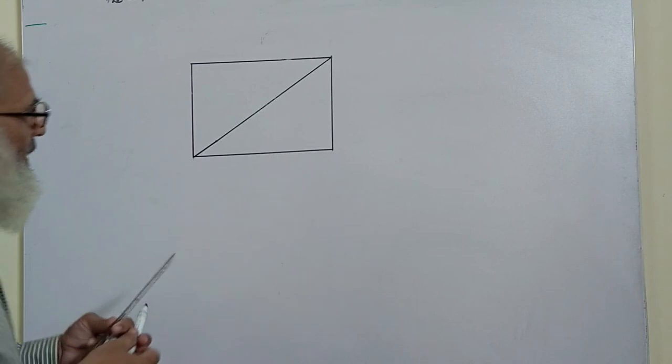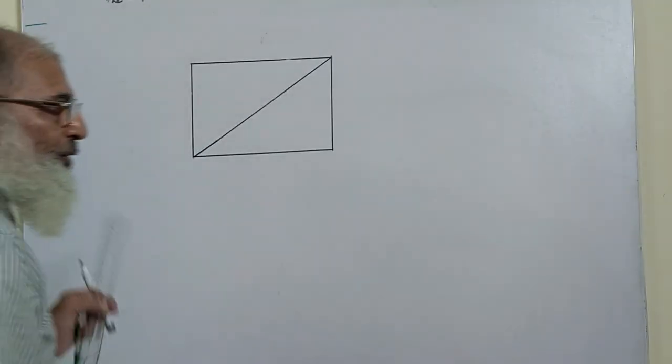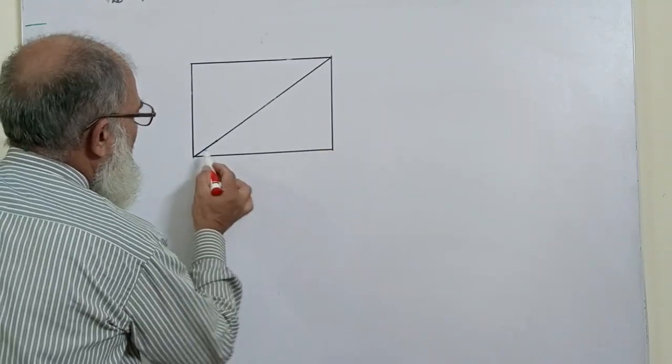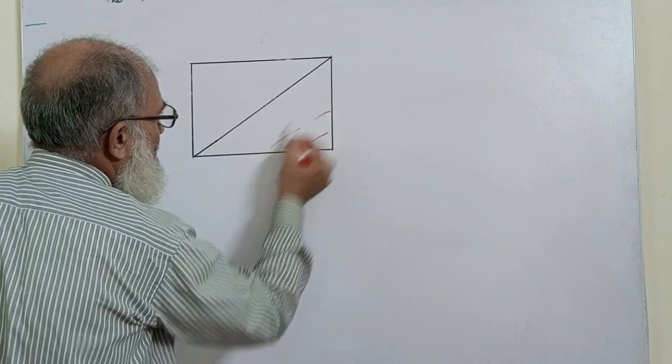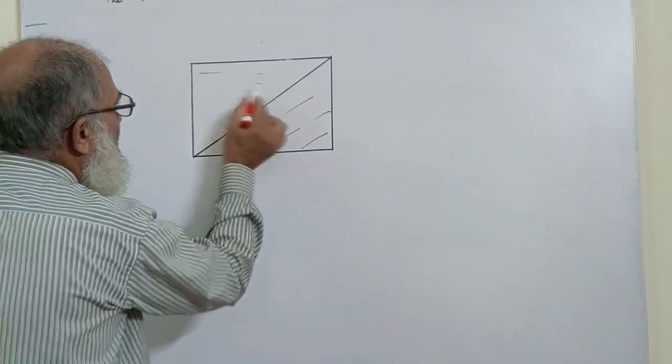Now, what are the triangles? This one is a triangle and this one is a triangle. This whole triangle is A and this whole triangle is B.